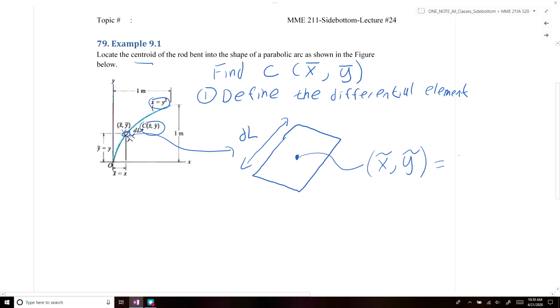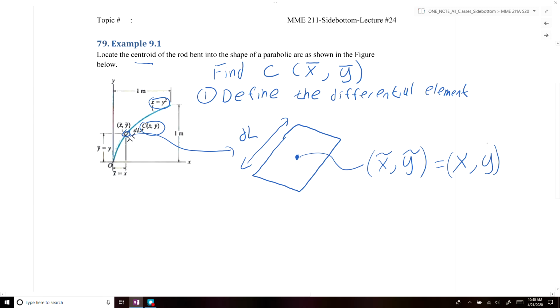Those are just going to be equal to the coordinates along our parabola, so x tilde would be equal to x, and y tilde would be equal to the y coordinate at that point.